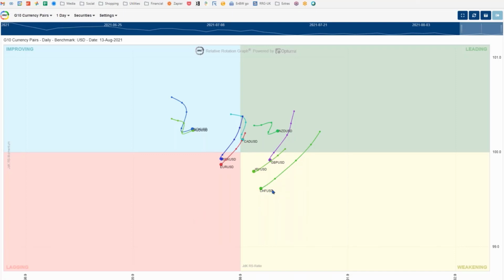I think I know where that is headed, don't you? And the Japanese yen, and maybe even the pound too. So the message here is that the outperformance of some of the currencies versus the US dollar has degraded enormously and it looks like dollar strength is likely to resume versus the other currencies.